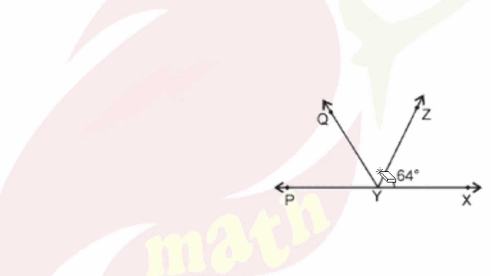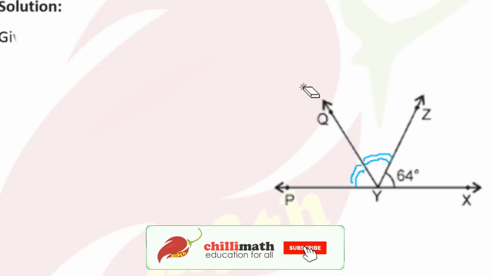So this is the figure drawn where XYZ is equal to 64 degree and this ray bisects angle ZYP. So these angles are equal. So let's solve this.